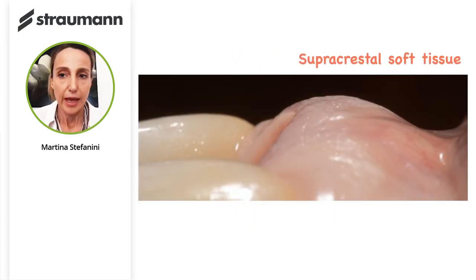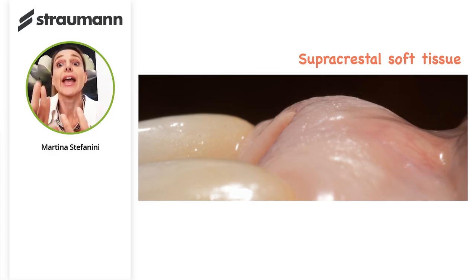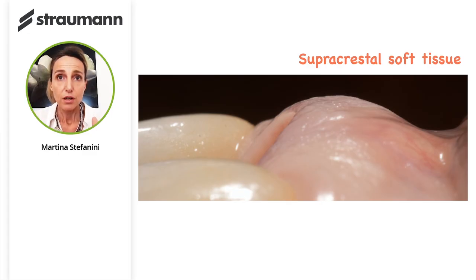When we speak about supracrestal soft tissue, when we speak about increased soft tissue thickness, we are speaking of a completely different field. We are speaking about techniques that are able to create or recreate the so-called supracrestal soft tissues, meaning the tissues from the buccal bone crest to the mucosal margin.